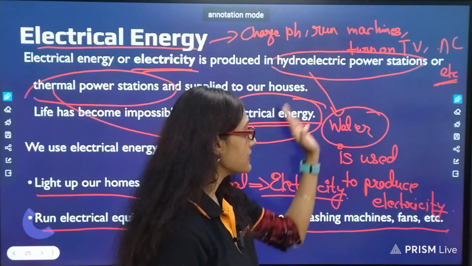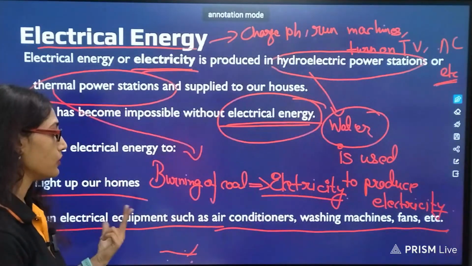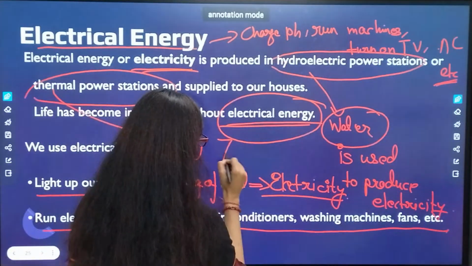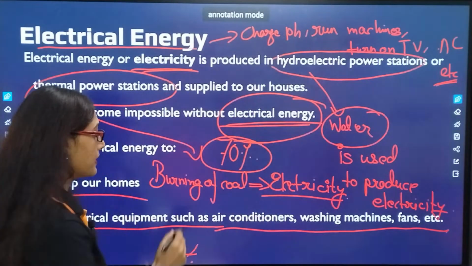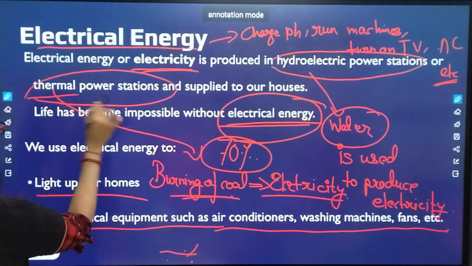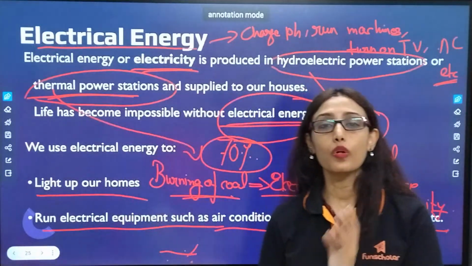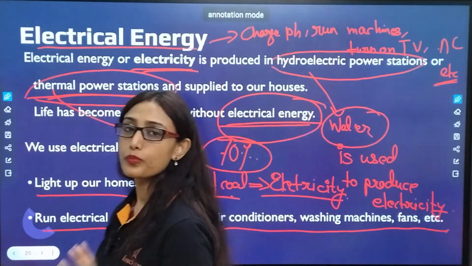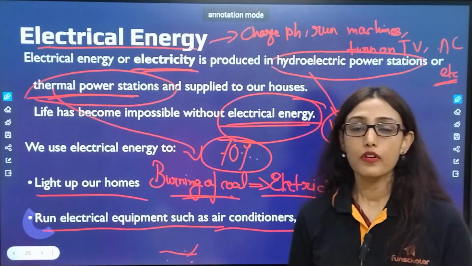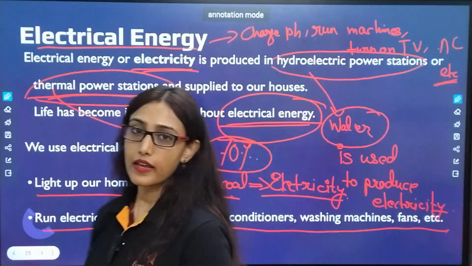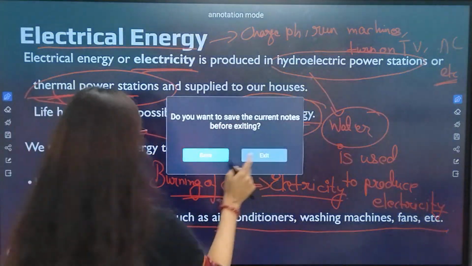So here water is used to produce electricity, and you will be surprised to know that till today 70% of electricity in India is being made by thermal power stations. So just imagine how much coal they are burning every day to produce electricity, which leads to the creation of air pollution. Okay, so let me just show you how it looks.